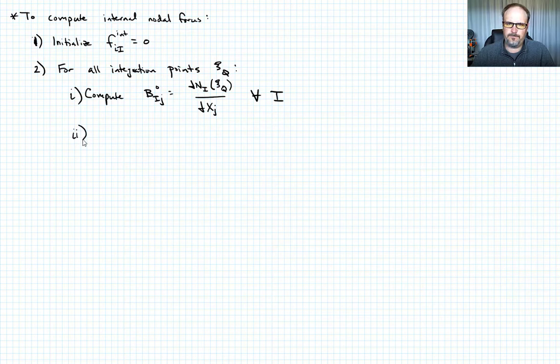Okay, number 2. We're going to define this term H_ij that we'll call B_Ij naught times u_iI. And what we're going to do is use this H term to compute our deformation gradient tensor.